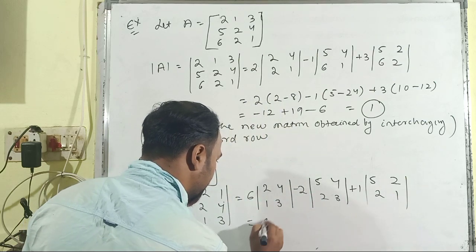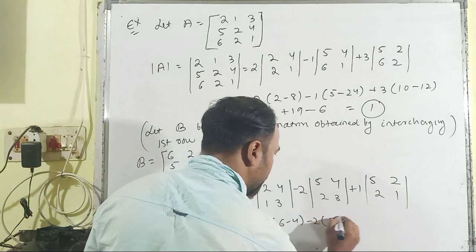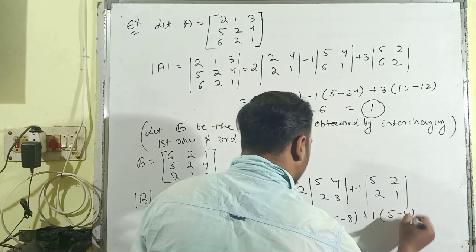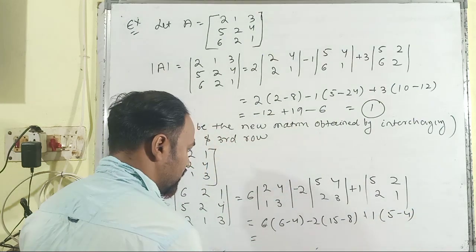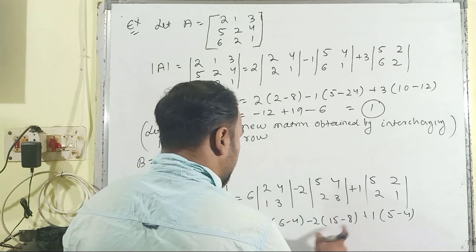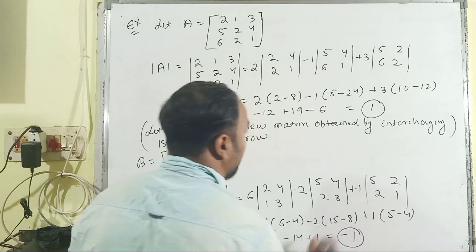Simplifying, it is 6 into (6 minus 4), minus 2 into (15 minus 8), plus 1 into (5 minus 4). That is 12 minus 14 plus 1, and you can see that this is minus 1.